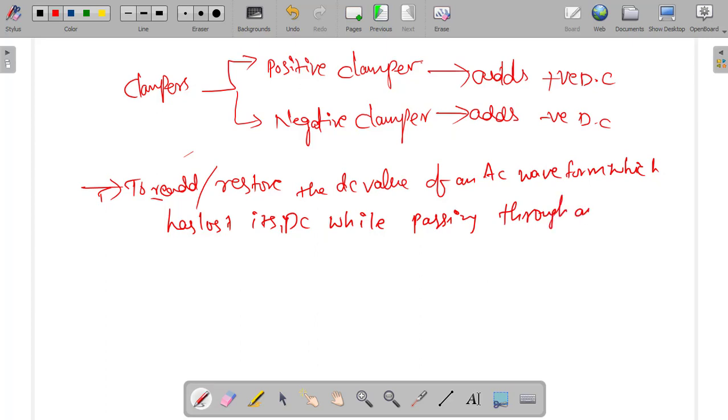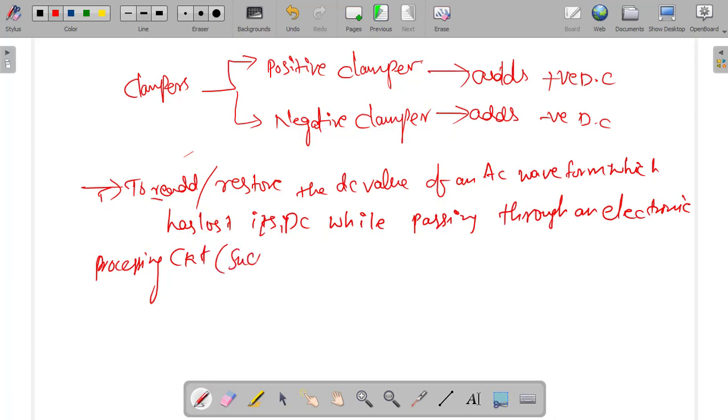The electronic circuit which we discussed in the last slide is the amplifier. In order to re-add or restore the lost DC, we use clampers at the output of the amplifier.